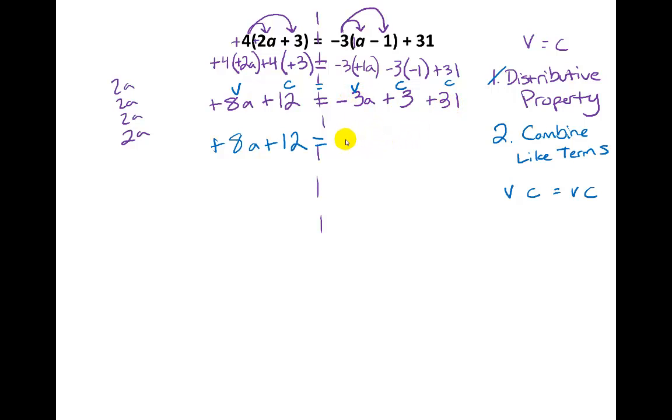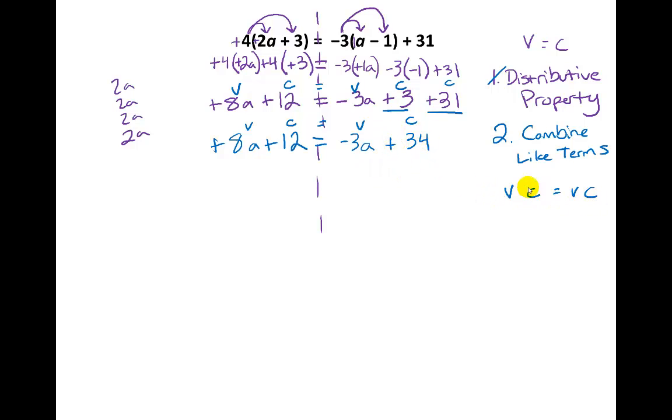So my variable term, I'm going to bring it down, but I can combine, I can put together this positive 3 and positive 31. If I have $3 and I get 31 more dollars, I actually have $34. So now I have a variable and a constant term on the left side that's equal to a variable and a constant term on the right side.